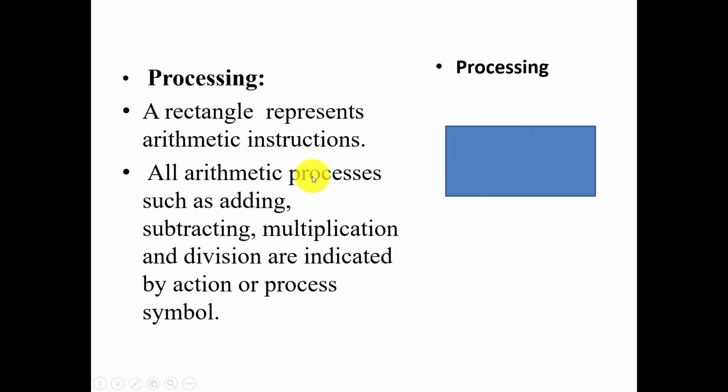Here you can apply arithmetical processes such as addition, subtraction, multiplication, division; those all indicate action or process symbols. That's why here we are using the rectangle. So this rectangle box is used for processing. Here you can do any arithmetical operation or write some mathematical formula inside this box.